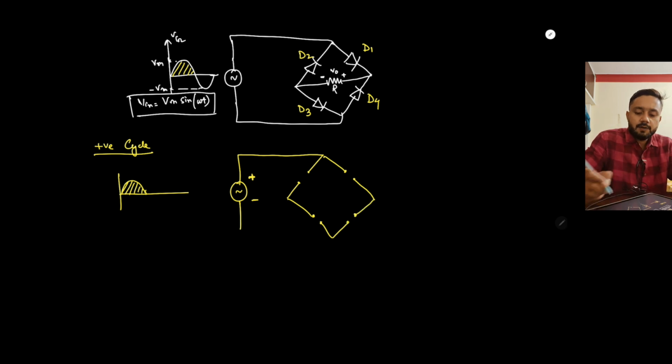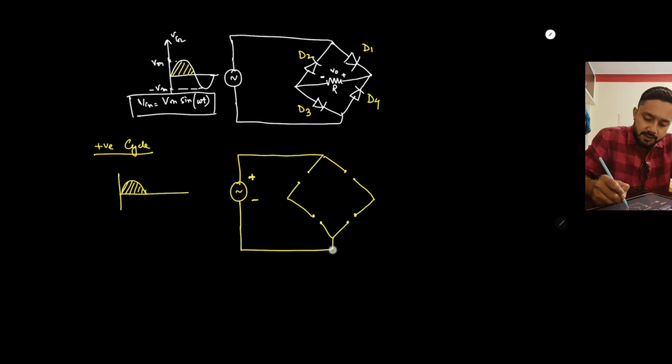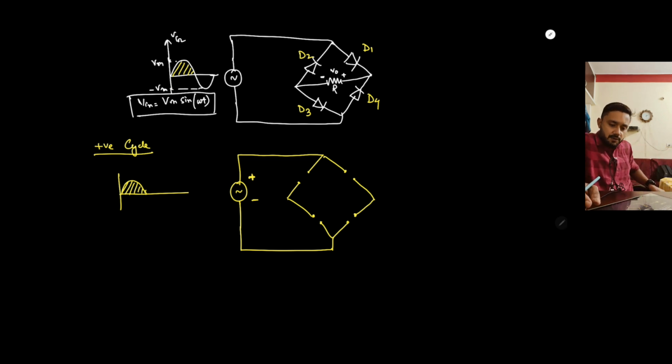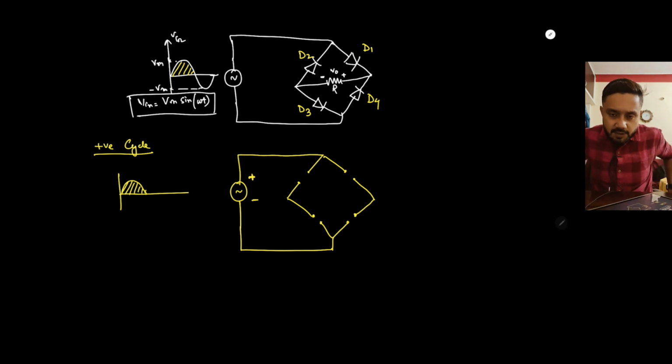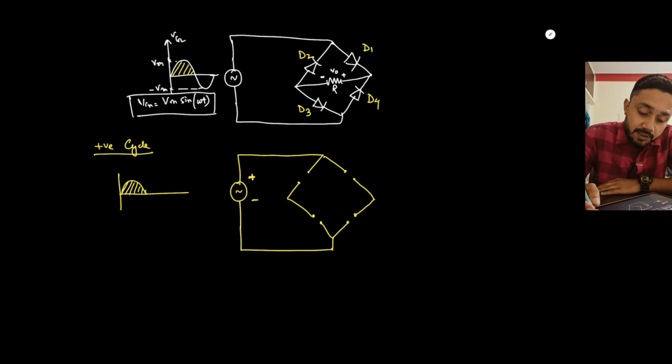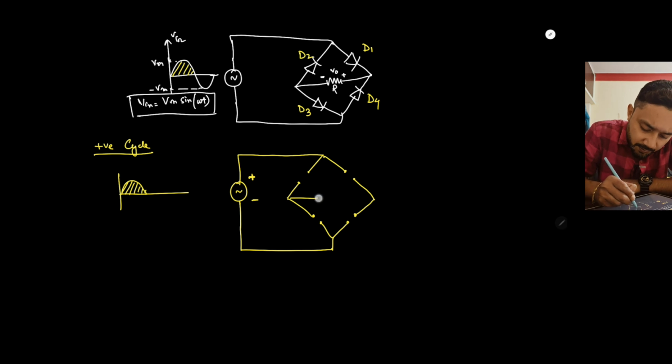As discussed in the previous lecture, to check which diodes are conducting, let's first consider that none of the diodes are conducting. All the diodes are in open circuit condition.